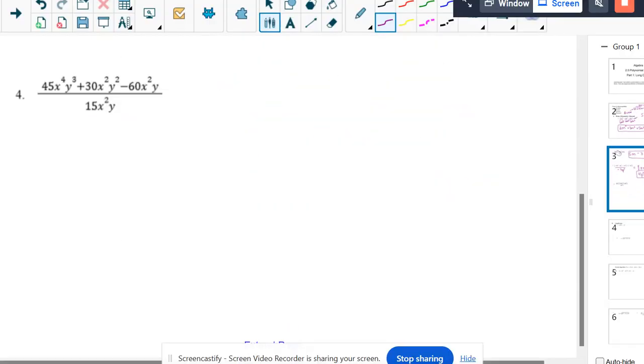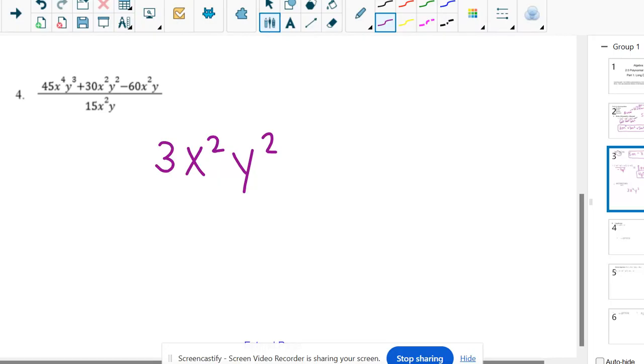Okay, and then the last one, you have two variables, x and y. So 45 over 15 would be 3. And then the x's would be x squared. What would the y be? Rudy? Y squared. Yes, y squared. And then plus 30 over 15 is 2.